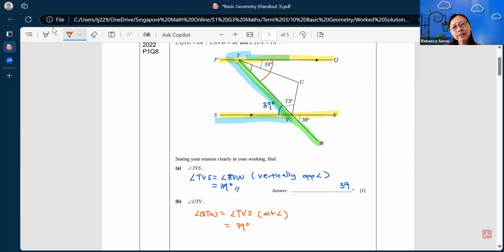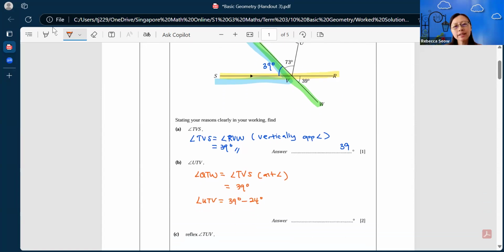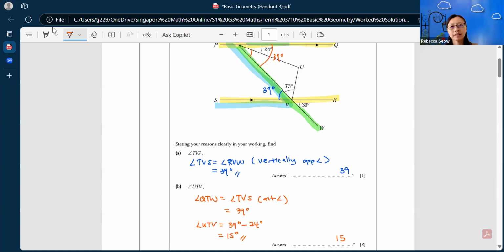This big angle here is 39 degrees. If we take away 24 degrees, that gives us 15 degrees. Let me indicate it in the diagram.